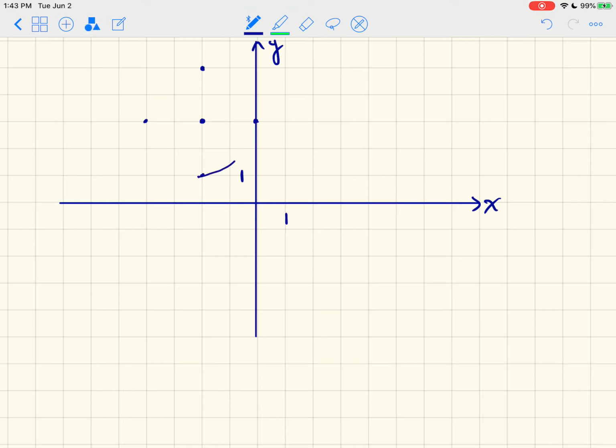I have a little tool here that's going to hopefully help me out. I can do better. Way better. Okay, and there's my graph.